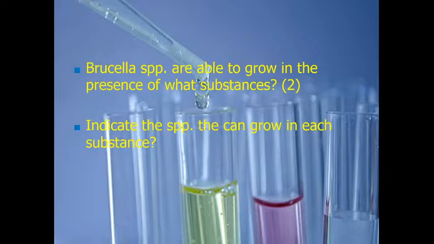Before, they said: in traditional methodologies for the identification of Brucella, which of the following would grow in threonine enriched culture media, which of the following will grow in a suspension with basic fuchsin. So those are the things that you need to remember.